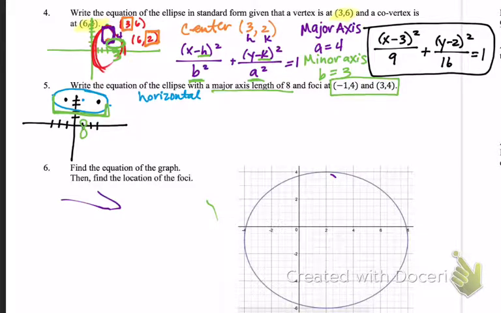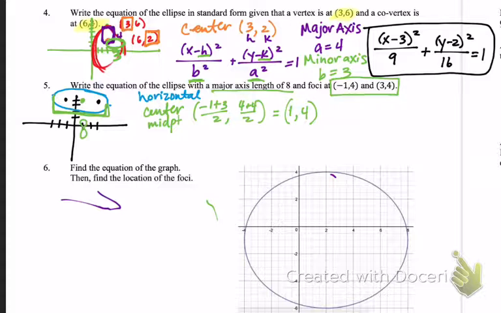So the middle of negative 1 and positive 3. I'm going to use the midpoint formula. So I can do that by saying negative 1 plus 3 over 2 and 4 plus 4 over 2. And you end up getting a positive 1 and a positive 4.